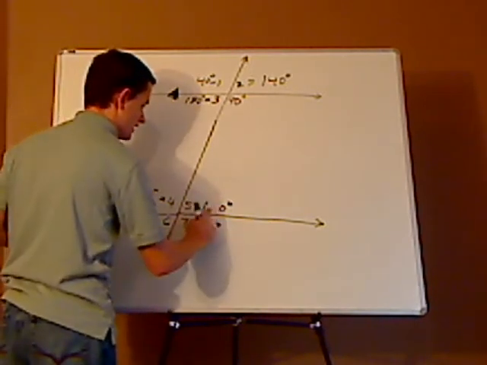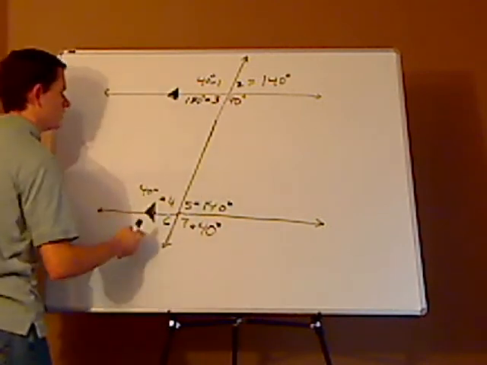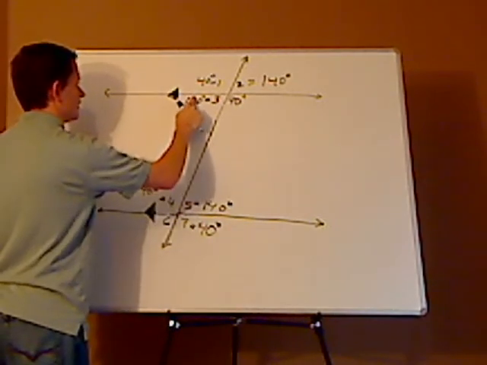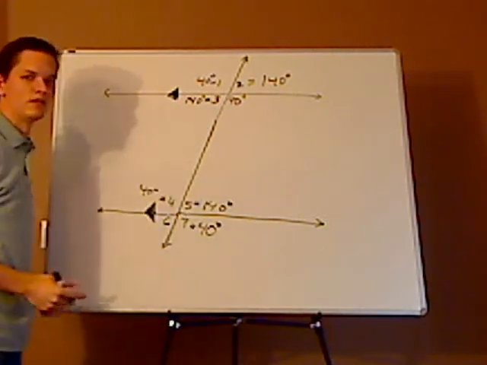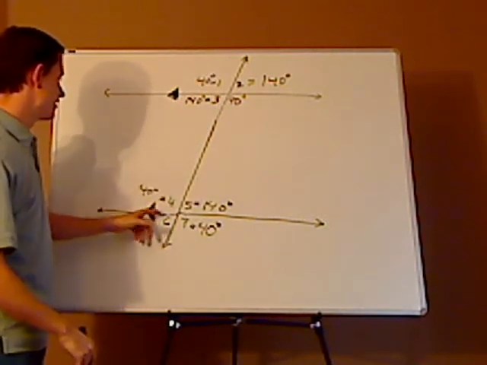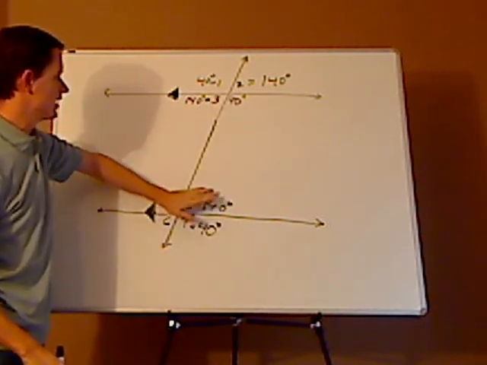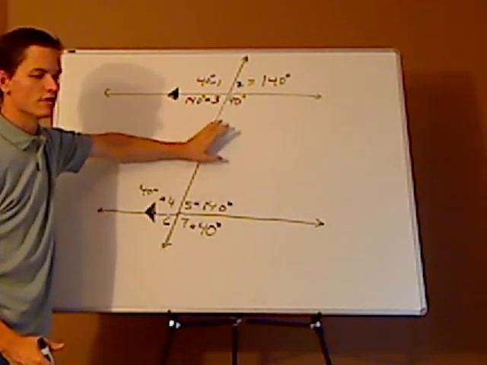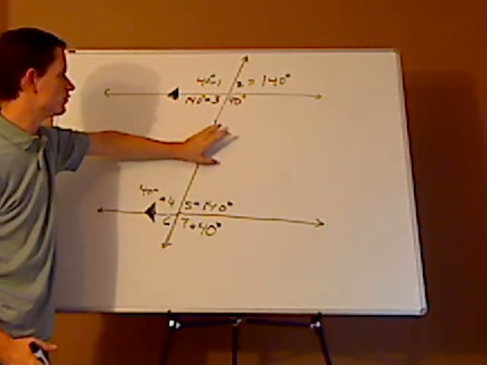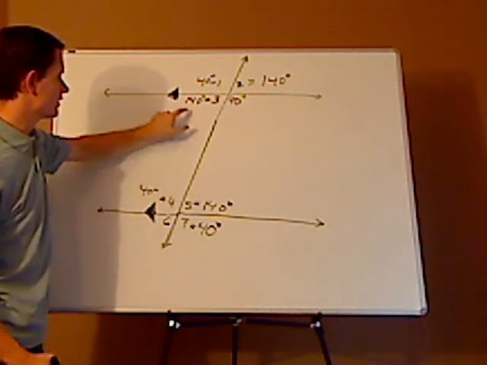So that would be 180, 140, good call. All right, that should be 140. See, if you were here in the room, maybe you would correct me. All right, so same side interior angles are supplementary, means that they add up to 180. Alternate interior angles are congruent.